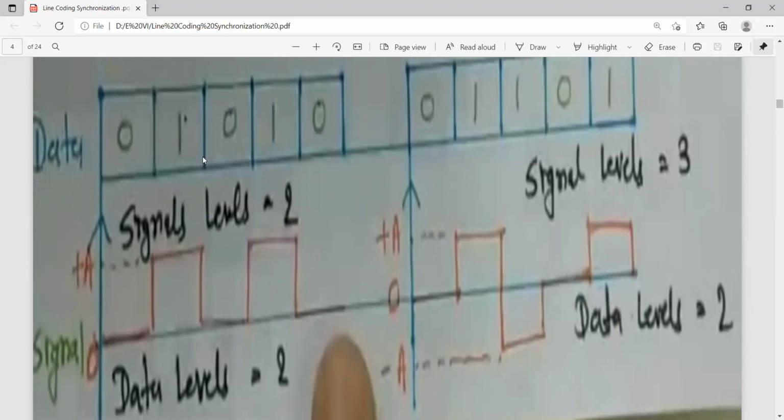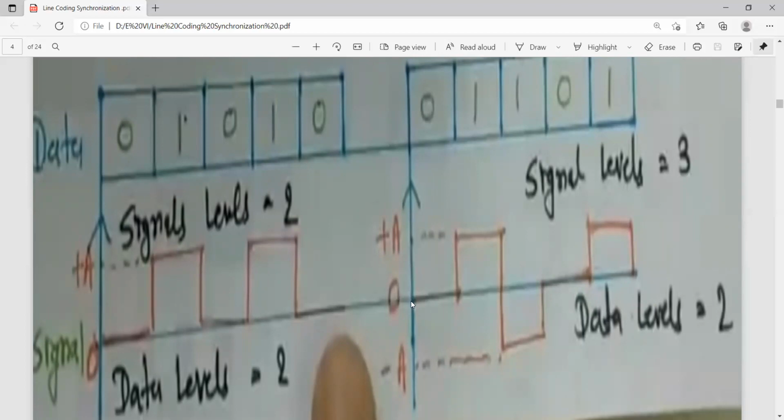This 0 or 1 we can convert into signal levels. If the signal has only the 0 level and the positive level, it has only 2 levels, 0 and high. But if the signal is communicating in the negative part also, with plus amplitude and minus amplitude instead of 0 and 1, the signal has 3 different levels.